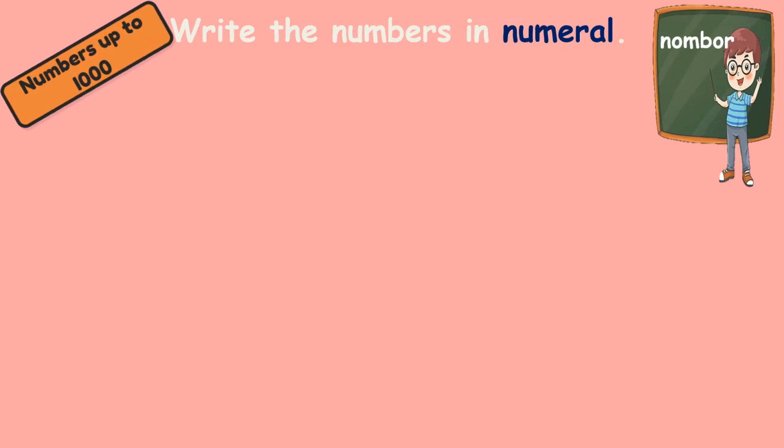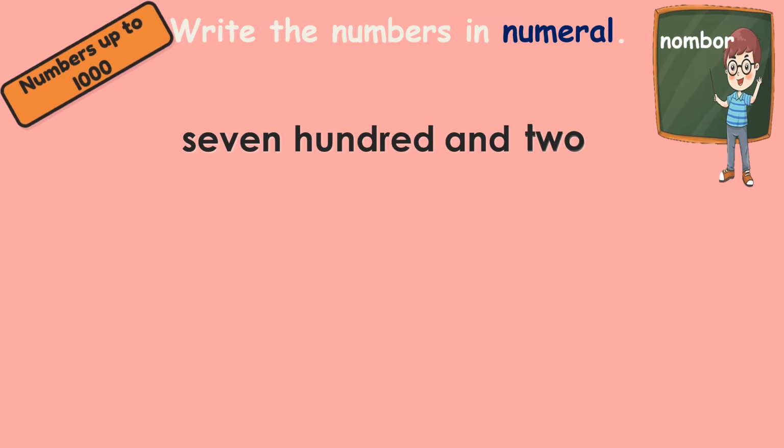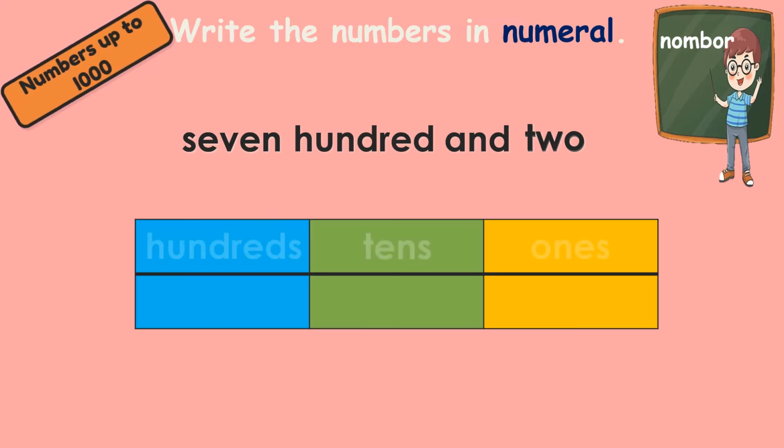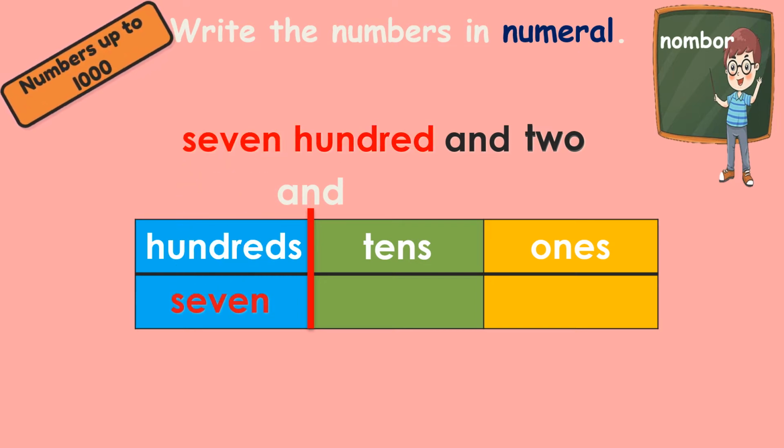Next example. 702. Let's use the place value chart. Let's start from hundreds place. Look at the word 700. 7 in hundreds place, change to number 7.